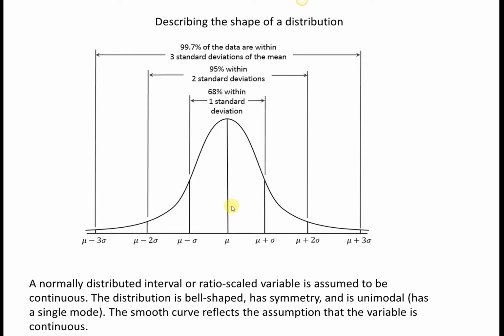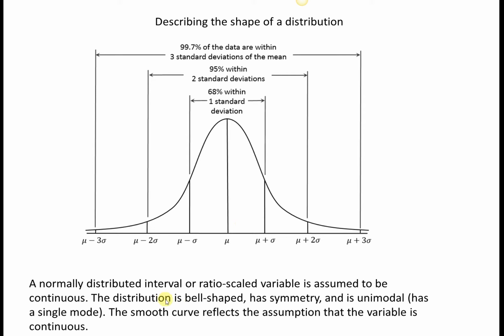And then between the mean and 3 standard deviation units above and below, that would encompass about 99.7% of the distribution. So you can see that the symmetry is what allows us to talk about how much area there is under a curve between any 2 points underneath the curve.